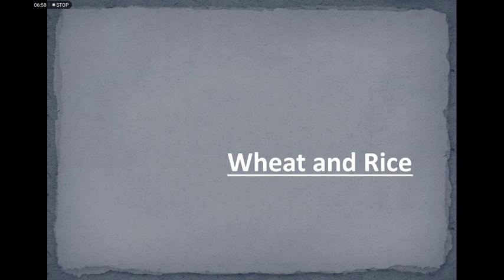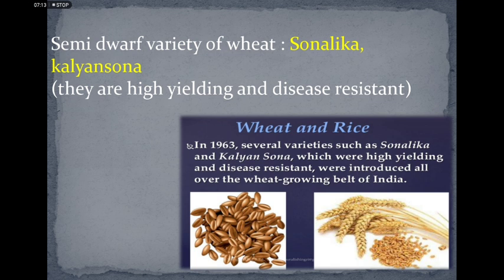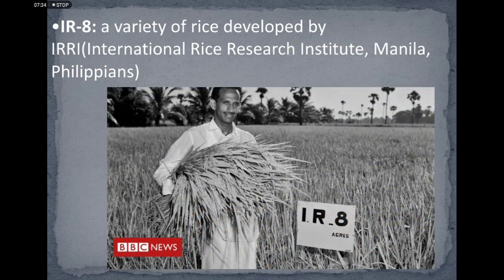Through plant breeding technologies, we produce some crops. First among them are wheat and rice. We produce semi-dwarf varieties of wheat, and their names are Sonalika and Kalyan Sona. They are high yielding and disease resistant. Their pictures are shown below. IR8 is a variety of rice developed by IRRI.